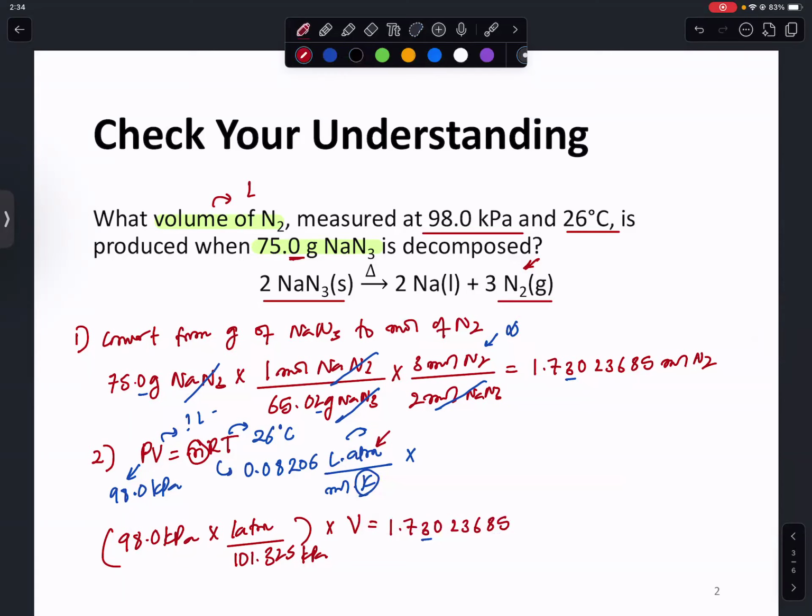And I'm going to multiply by 0.08206, times the temperature. So let's change the temperature, 26 plus 273.15. One thing you need to be aware of is you don't only have a multiplication division operation in these type of problems, you also have an addition subtraction. So I will also write out the sig figs.